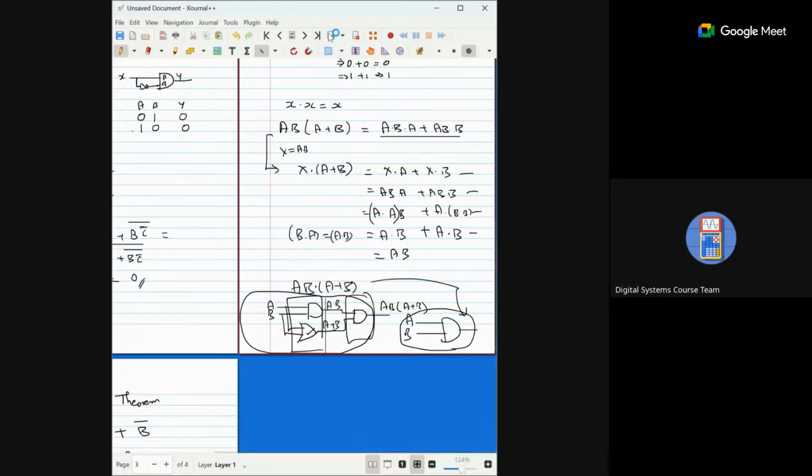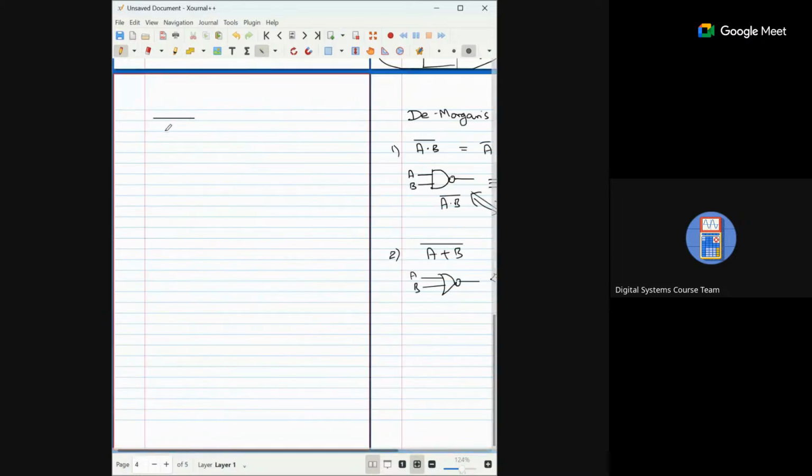Let us have a look again. This is the circuit which I drew before: a dot b dot of a plus b expression.